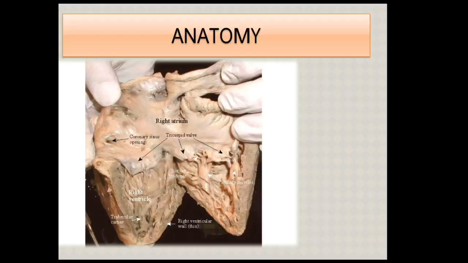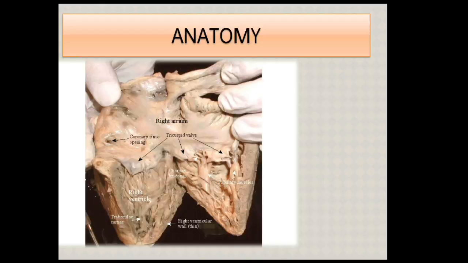Now students, if we go for the anatomy of a typical mammalian heart, you can see this is the cut-off heart of a mammal, and here you can see the right auricle. This is the right atrium, and this is the coronary sinus opening.